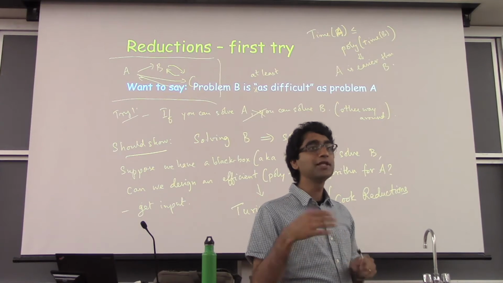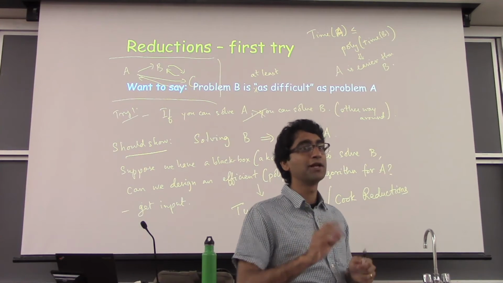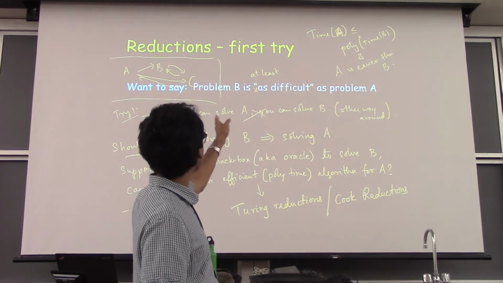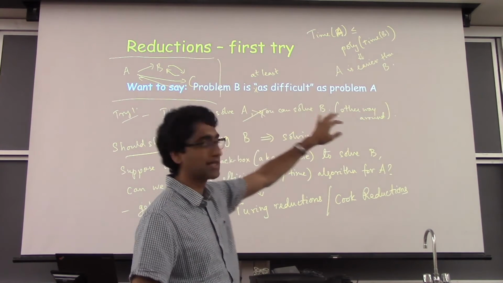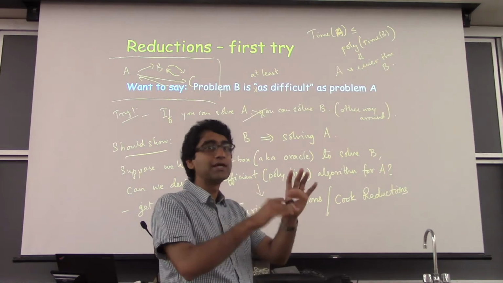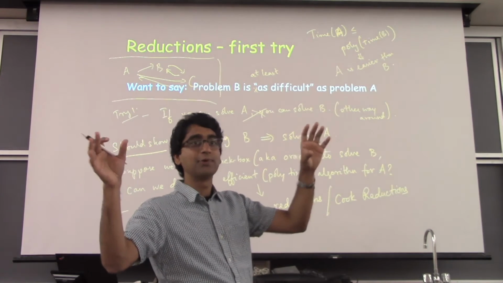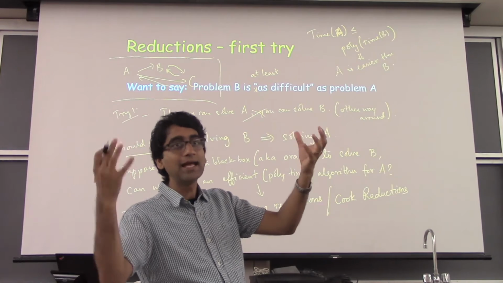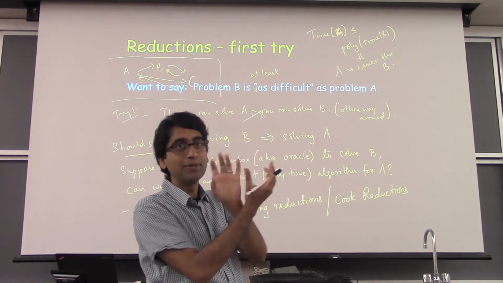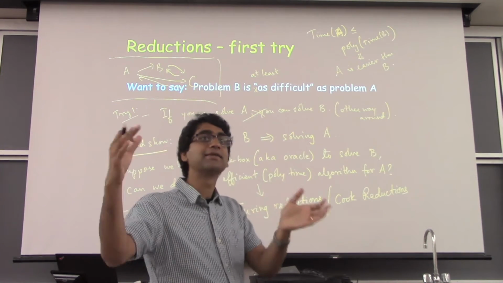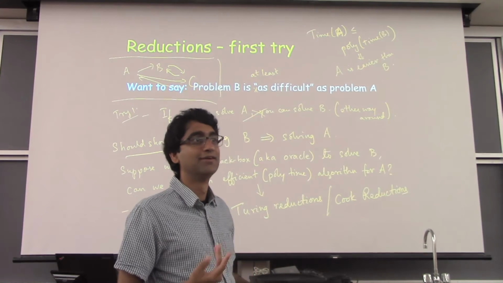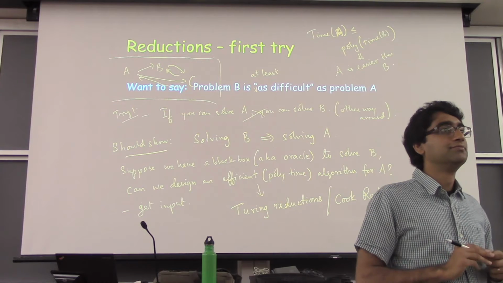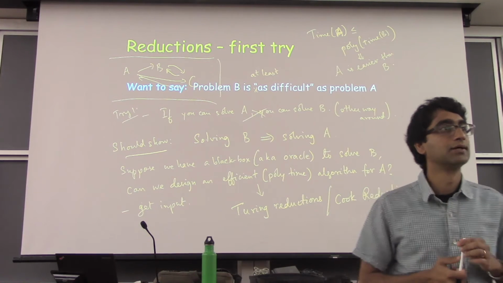It's one of these logical things that you have to think about for a little bit. If I want to say B is at least as hard as A, mentally you can say B is bigger than or equal to A, if there were numbers. It's like saying A is smaller than or equal to B, which means A is easier than B. So if you show B is at least as hard as A, have you reduced B to A or A to B?